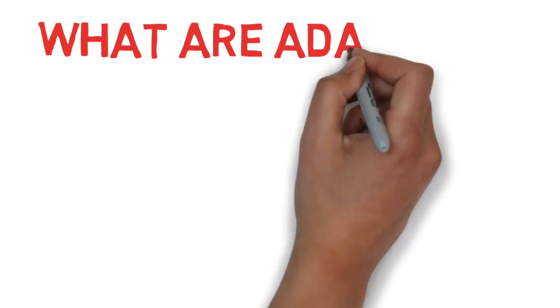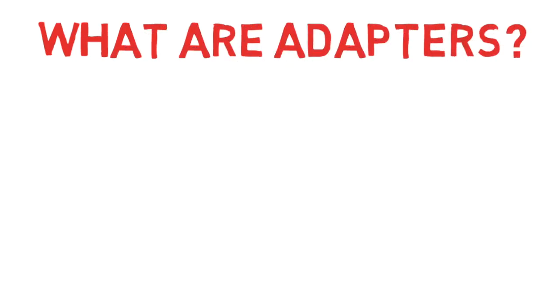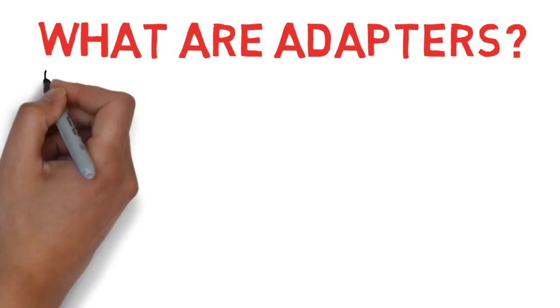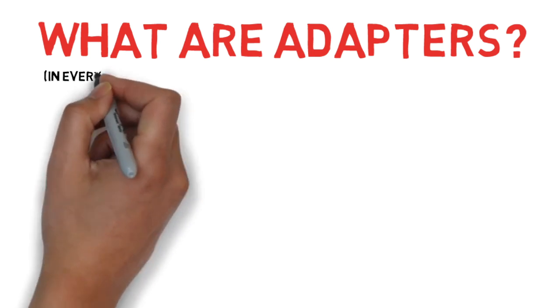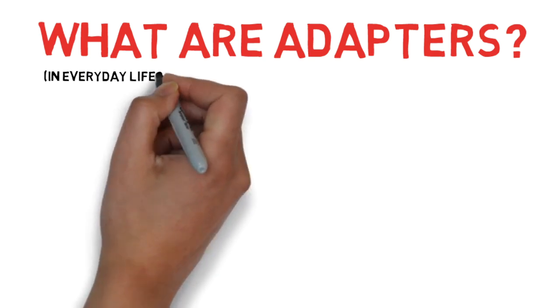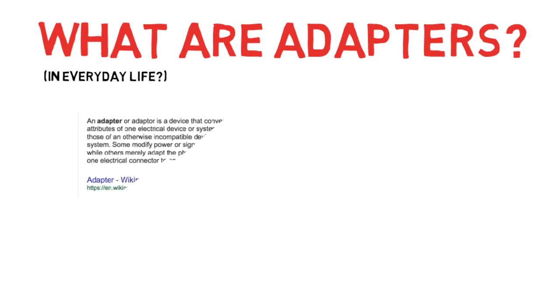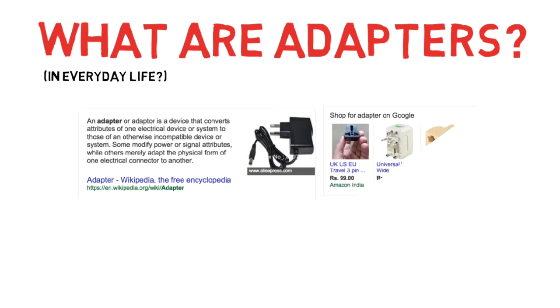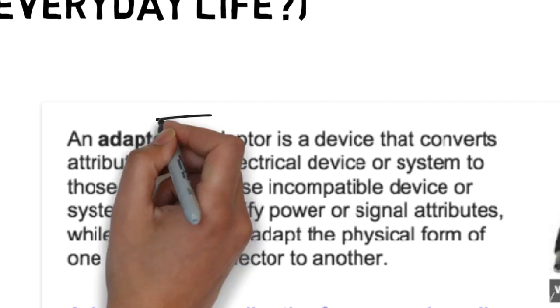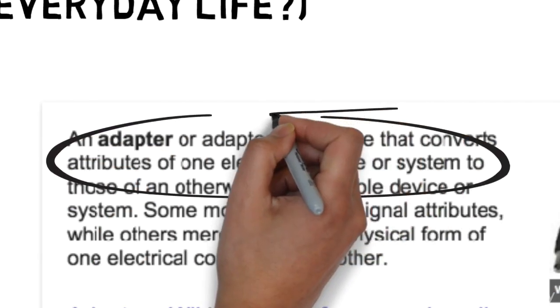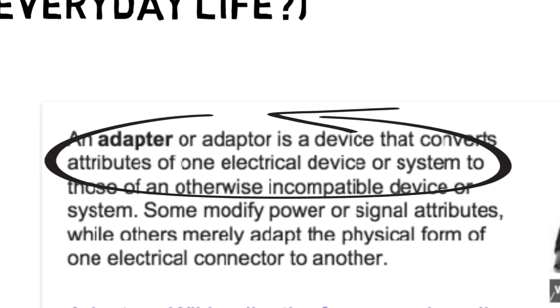Let's take a look at this in some more detail by first considering what adapters are in day-to-day life. You could do a quick Google search for adapters and you'll come up with what typically are electrical devices. These are things that you use to charge your phone or your computer or anything.